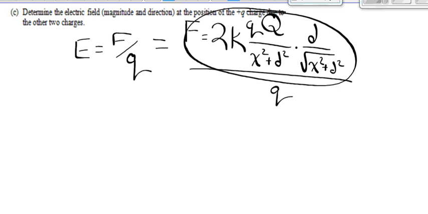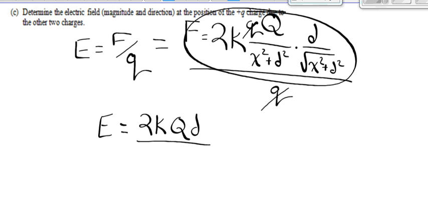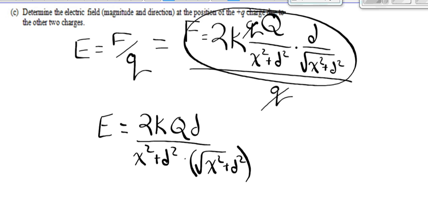Well, what are you left with when you divide it by q? You basically just lose your q. So my electric field is 2kQd over x squared plus d squared, and once again, you could simplify that to the 3/2, but that's up to you. Now, some of you might be worried that it says magnitude and direction, but we found out before that it was just pointed straight down. So you can just write down, or the negative y direction.